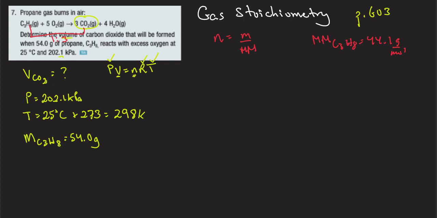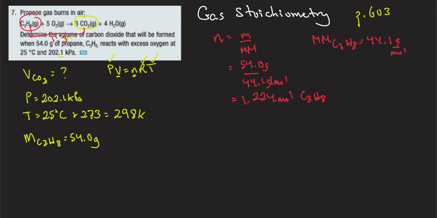Good, so now we have the mass given in the question and we have the molar mass from a periodic table. We can divide the two to get the number of moles. So 54.0 grams divided by 44.1 grams per mole, and we get 1.224 moles of C3H8.